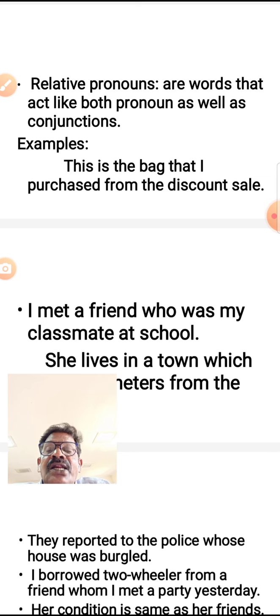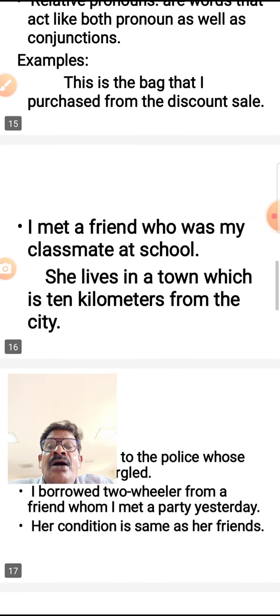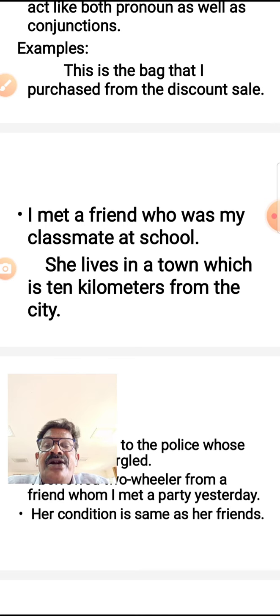I am particularly showing this bag. Don't think that it is another bag. This is the bag that I purchased from the discount sale. Then next, I met a friend who was my classmate at school.